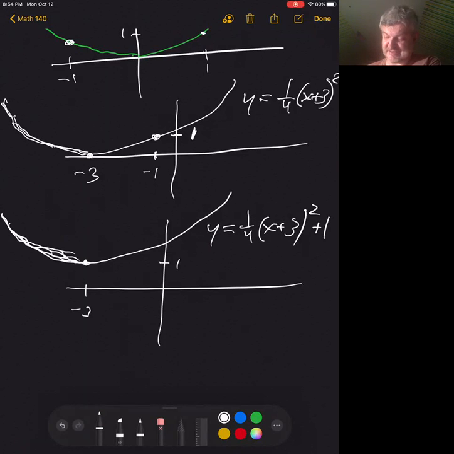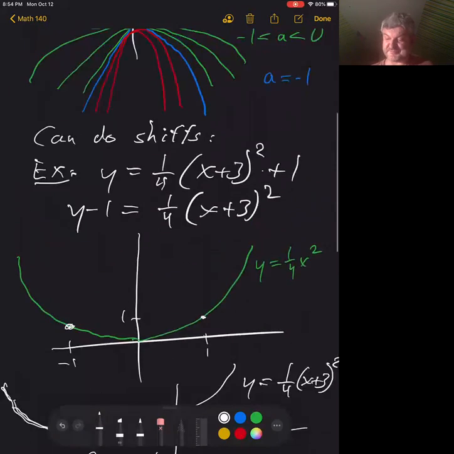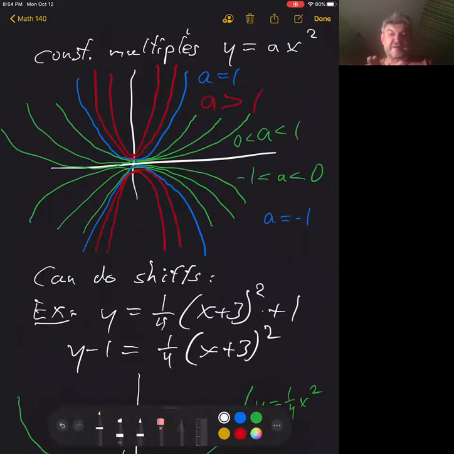Plus 1. Okay, so we can shift those parabolas, the colorful parabolas that I had earlier, everywhere: left, right, up, down. And what do we get? We get the graphs of all quadratic functions, all of them.